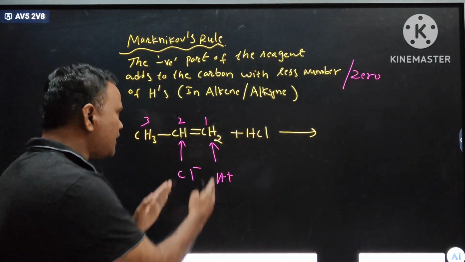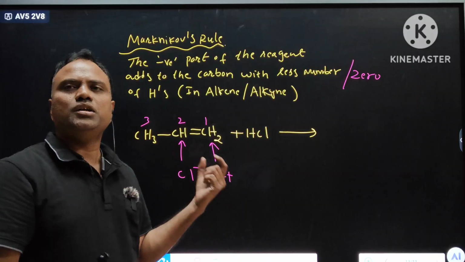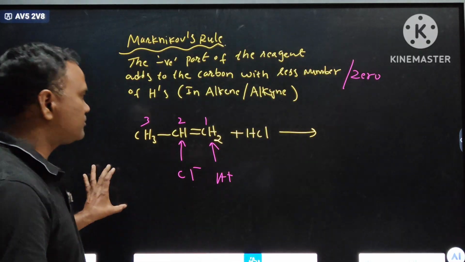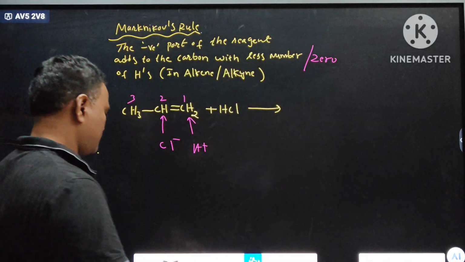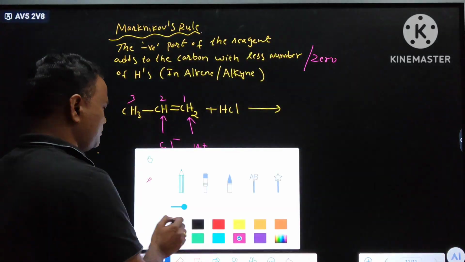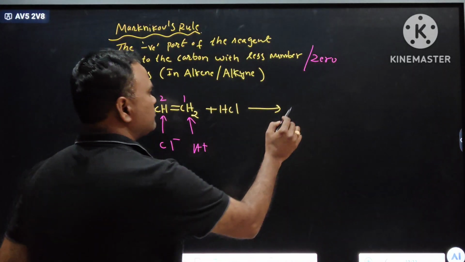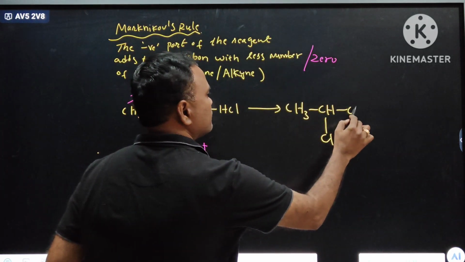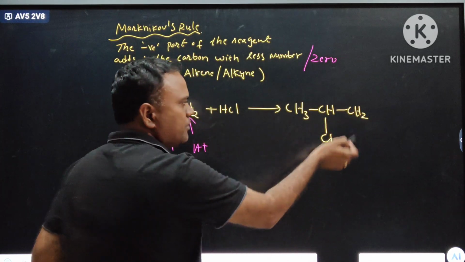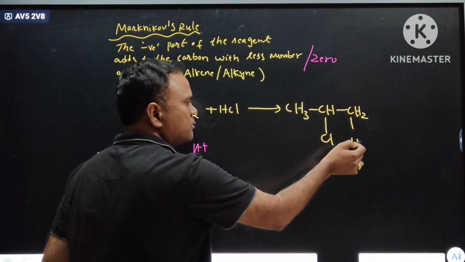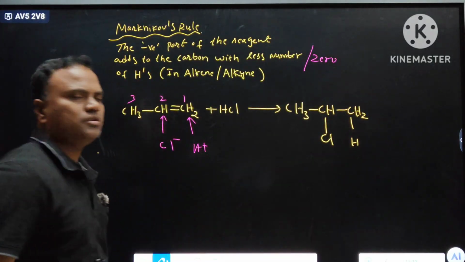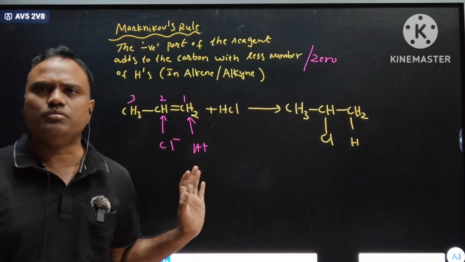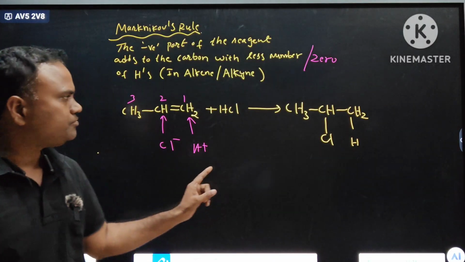After addition, the double bond converts to a single bond. Here I am adding hydrogen, so you can write this part as CH3. This is Markovnikov's rule, right?